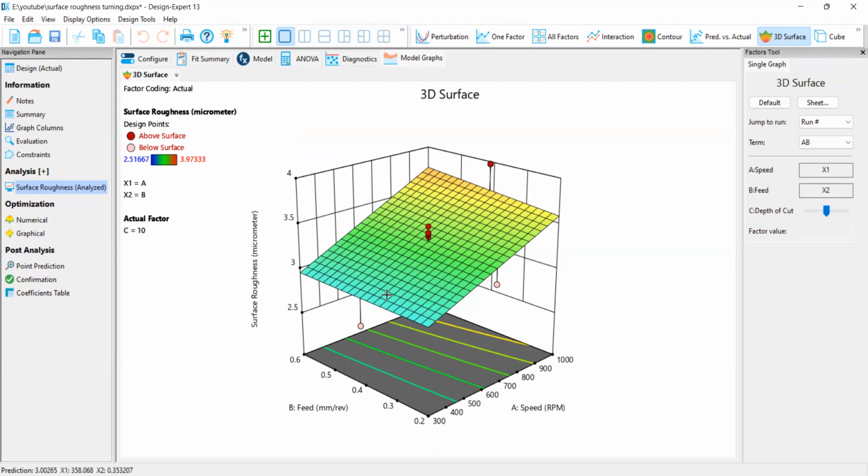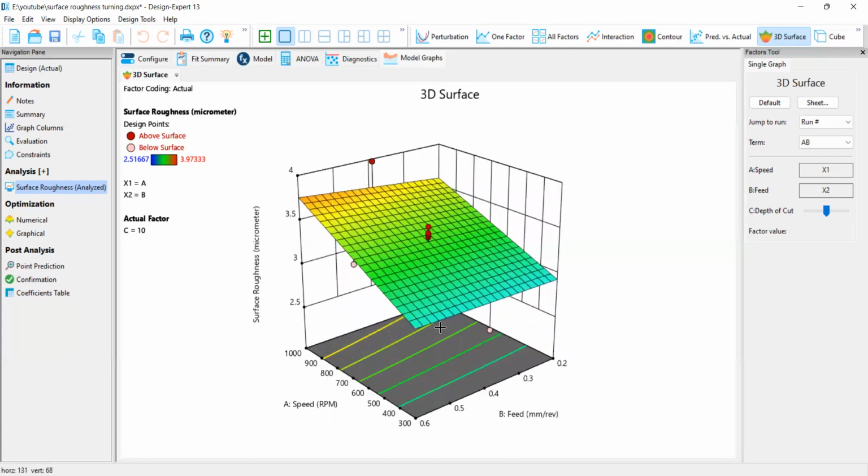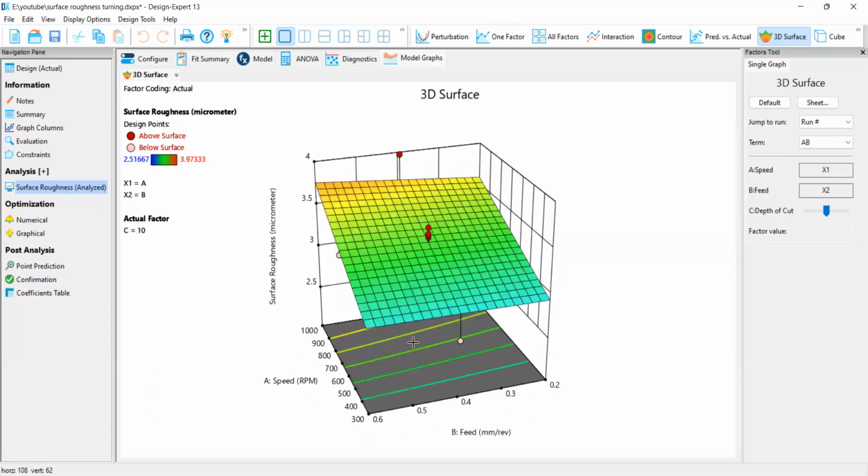If we obtain a curved graph, then the model must have some quadratic or cubic terms in it. For this, we already have a 2FI model. So this is a linear graph that we have obtained here for speed, feed, and surface roughness. We can also rotate the graphs to different angles as and when required.